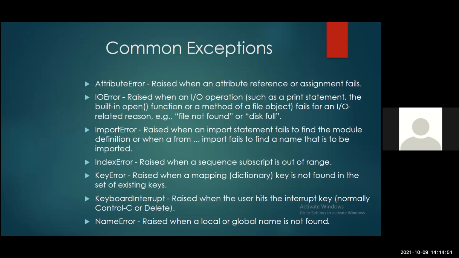You may have only 3 items in a list, but in your code you are calling the 5th item, of which we do not have 5 items in that list. You will definitely get an index error. It's telling you that the index that you are trying to access in that particular list doesn't exist. That is a kind of error that pops up.